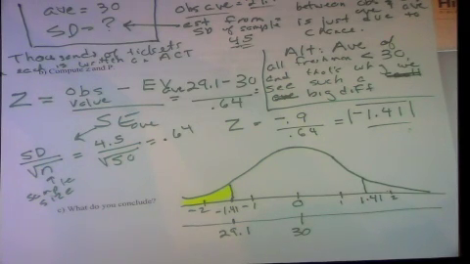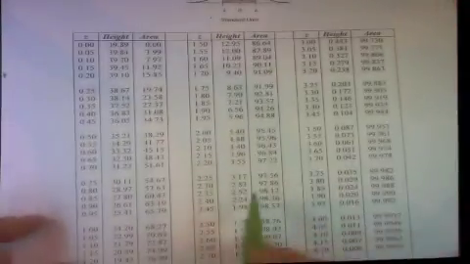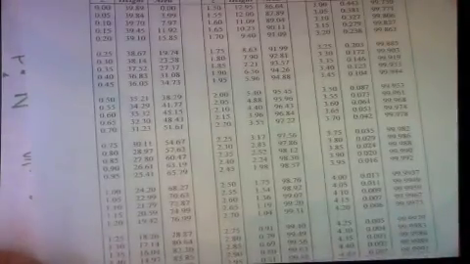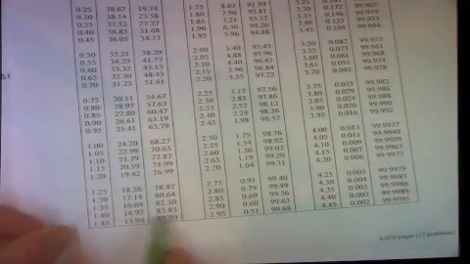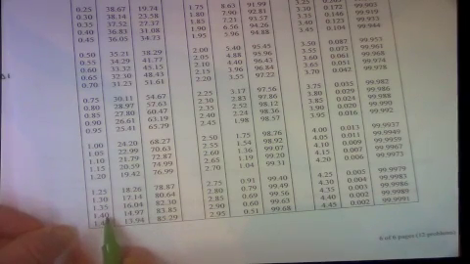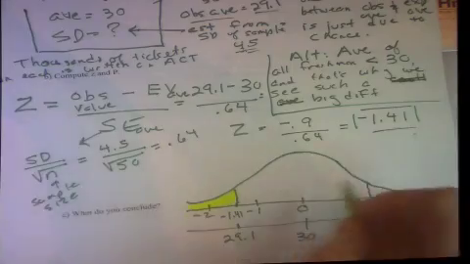This should be one in the exam. Okay, so let's look up 1.41. That's about 84. Does everybody agree that's about 84% in the middle? Yeah. So let's put 84% in the middle here.